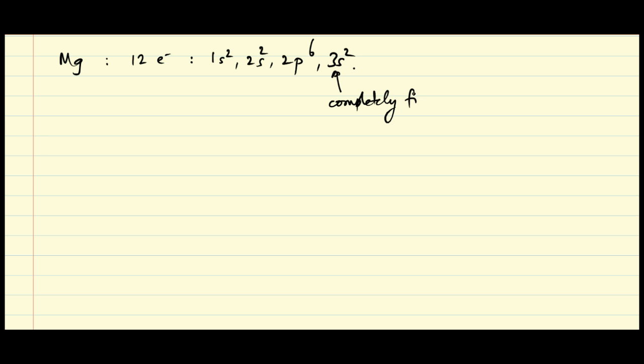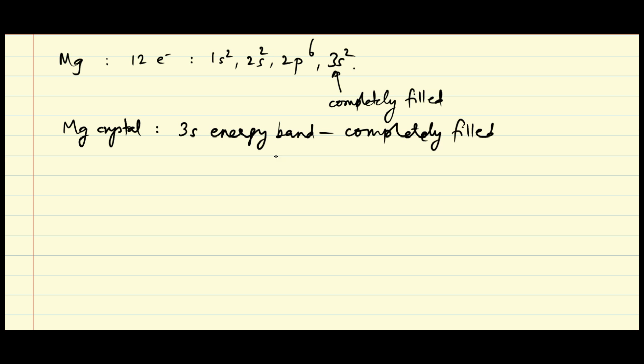in a magnesium atom. Remember, the 3s orbital can accommodate a maximum of 2 electrons, and so when millions and millions of magnesium atoms combine to give a magnesium crystal, the 3s energy band is going to be completely filled.